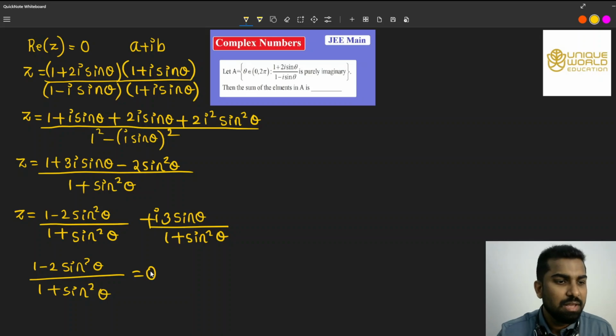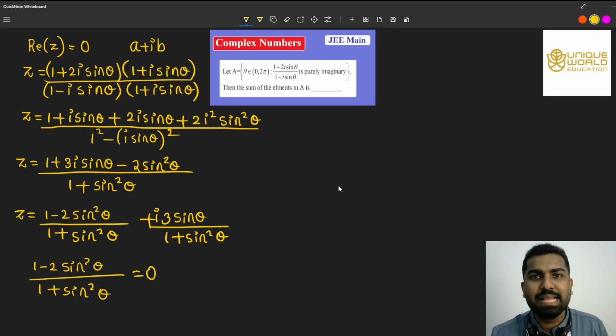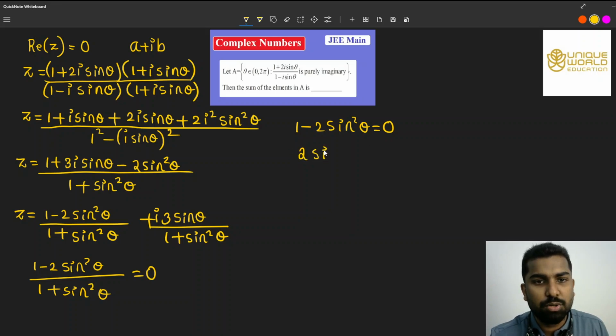What does it mean? Transposing 1 plus sin square theta, it becomes 0 multiplied, which is 0 itself. So 1 minus 2 sin square theta equals 0. That means 2 sin square theta equals 1, or sin square theta equals 1 by 2.